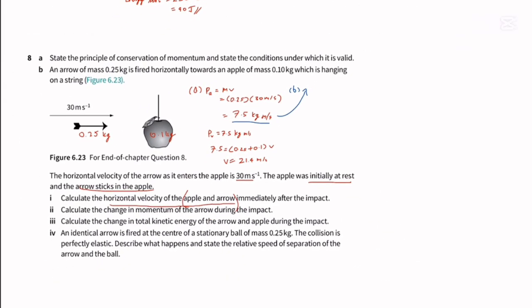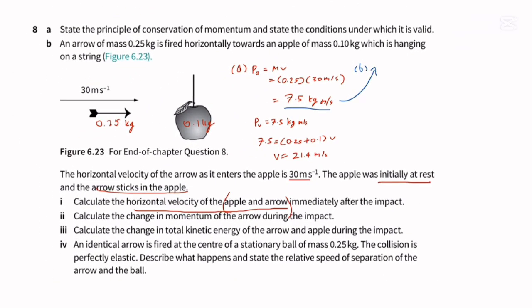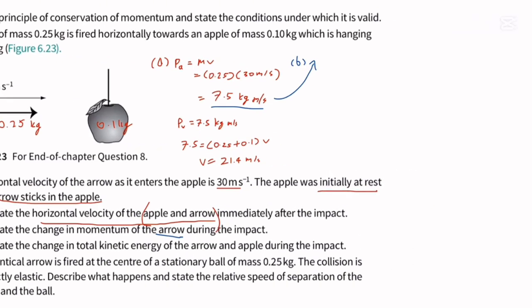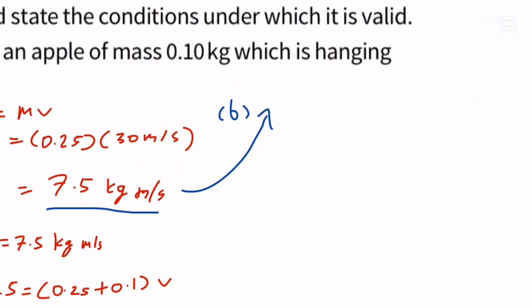Then to find the momentum after the collision, it's only the arrow that we're talking about. It's not the apple. So for the mass, we only use the mass of the arrow, and we don't need to add the mass of the apple, because they only ask for the arrow.